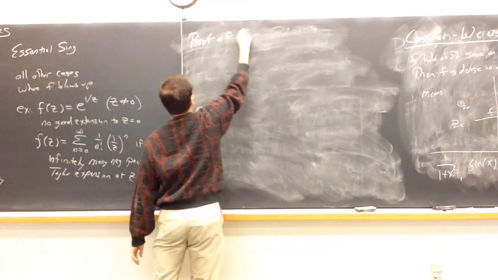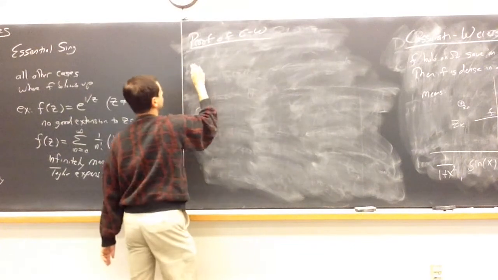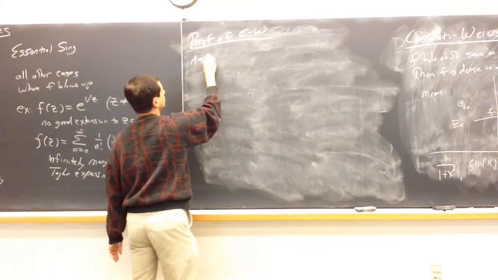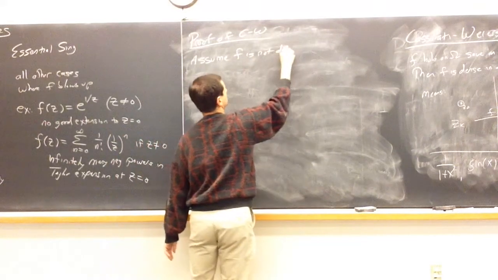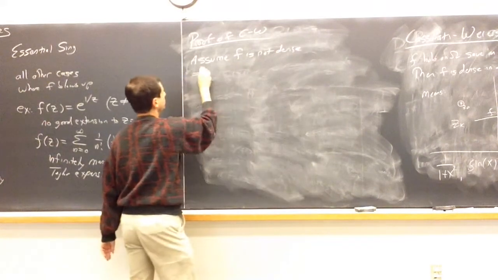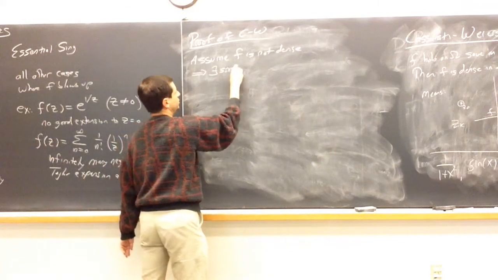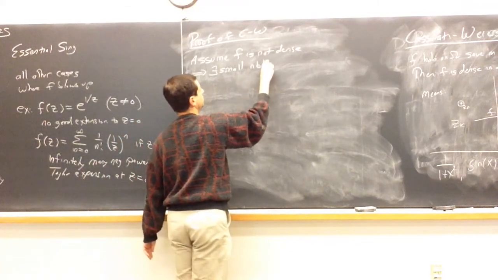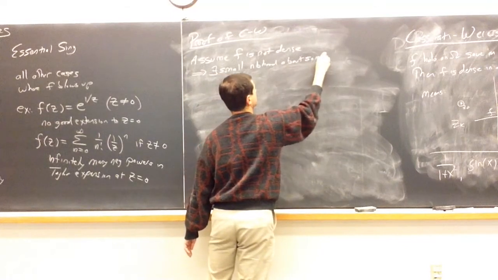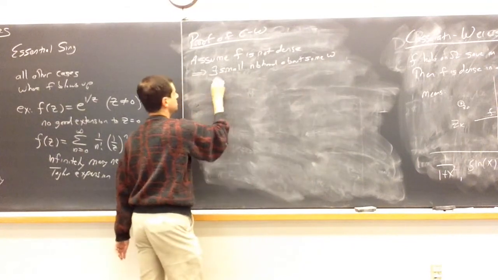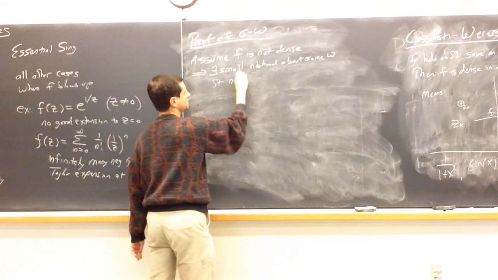Proof of Casorati-Weierstrass. Assume f is not dense. Therefore, there exists a small neighborhood about some w such that nothing inside is hit.